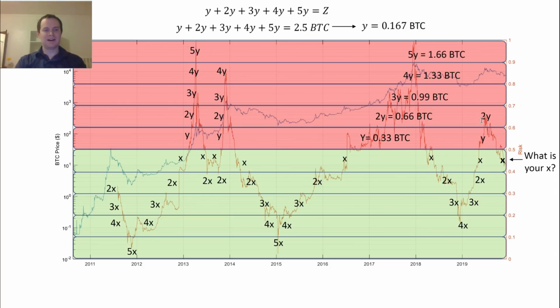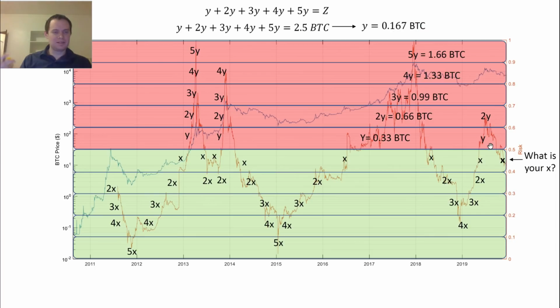Now, because of that, if that is the structure of the market for the next several years, then it's not that absurd to think that we might have smaller runs in the meantime, where the market picks up a little bit, we see the price pump up a bit, we see it come back down.